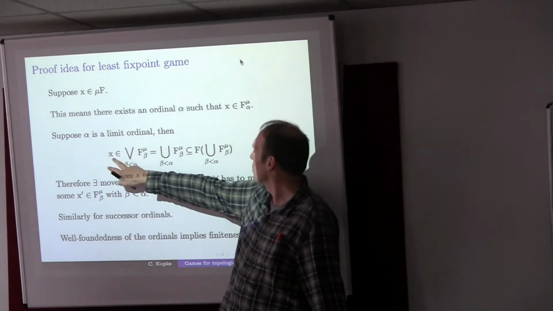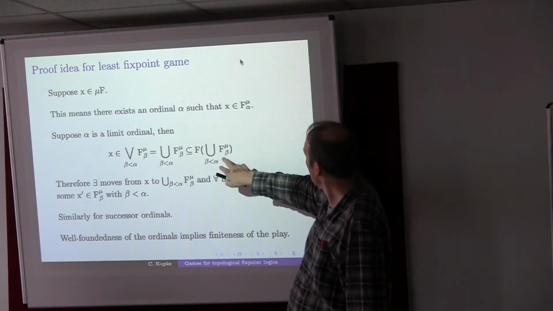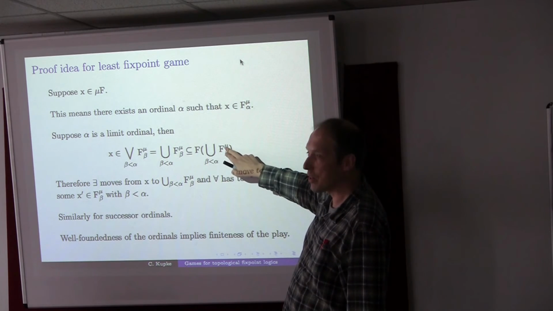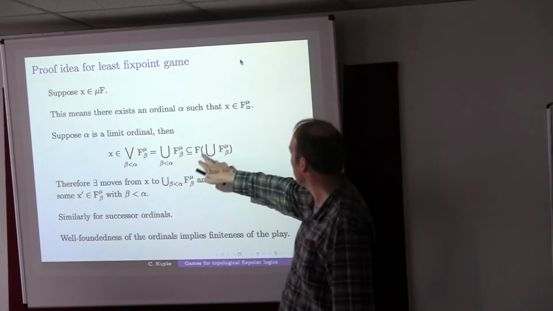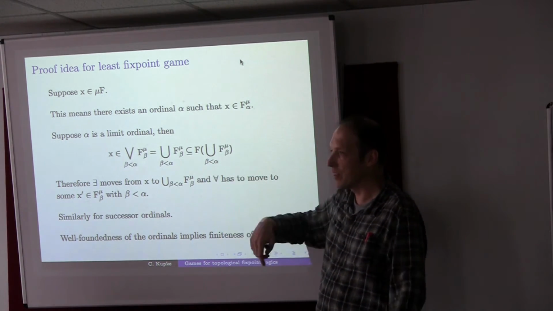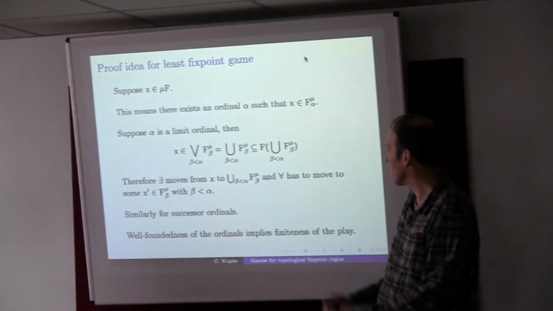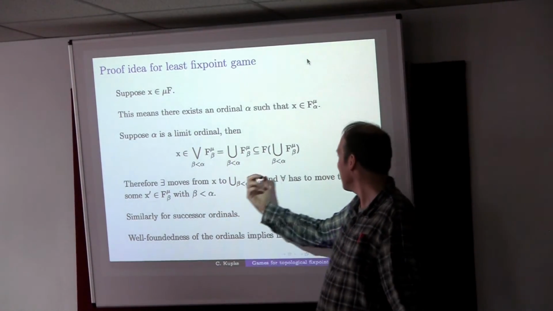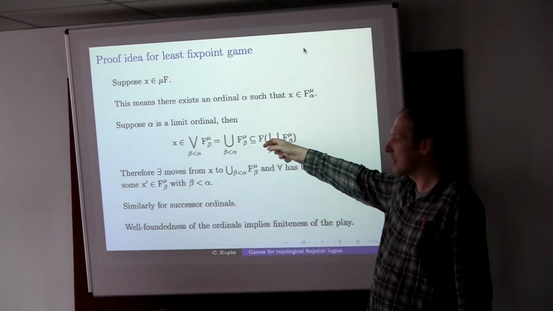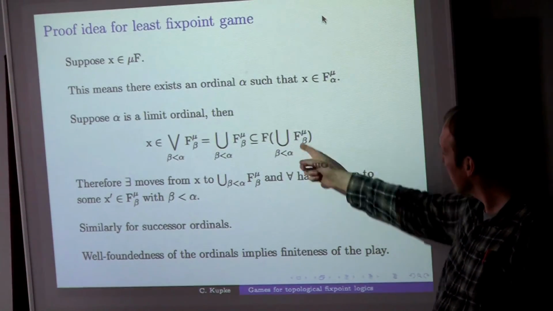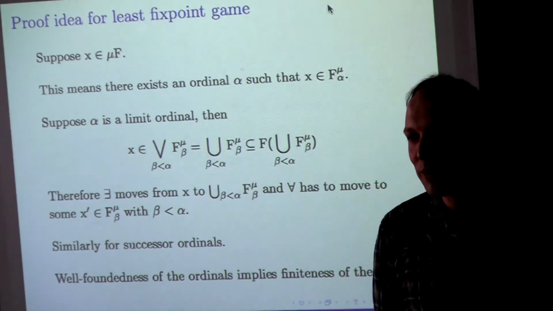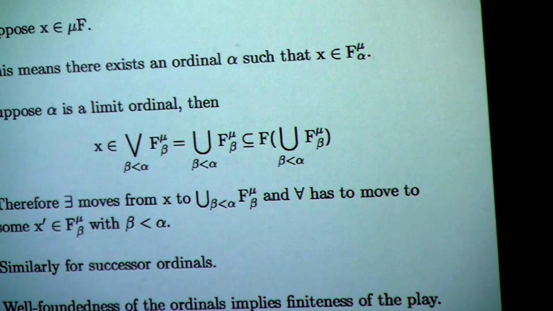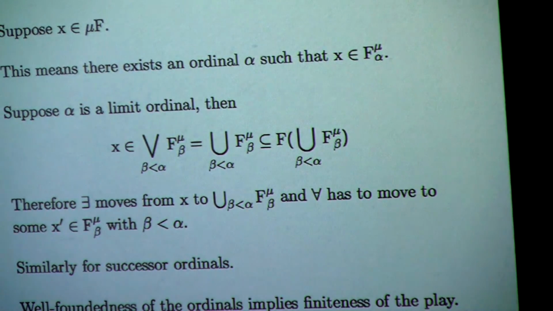So what she's going to do is move to this set here, because she knows that X is in F applied to this, the union over all the smaller approximants. And then Abelard cannot do anything else but pick something from here, which will now be in the approximant of a smaller ordinal.